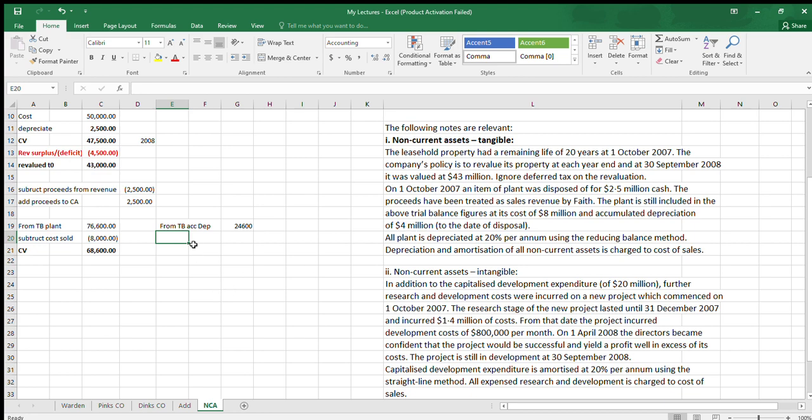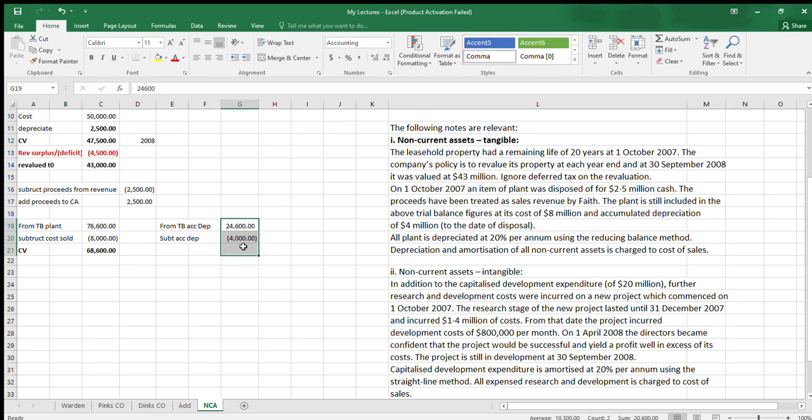So subtract accumulated depreciation, which is supposed to be negative 4 million, 4,000. So you add it to get your final figure. So that's your accumulated depreciation and your carrying value.